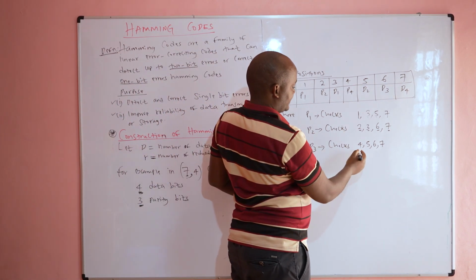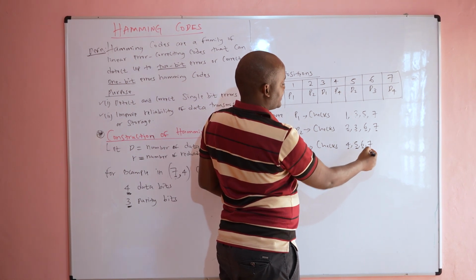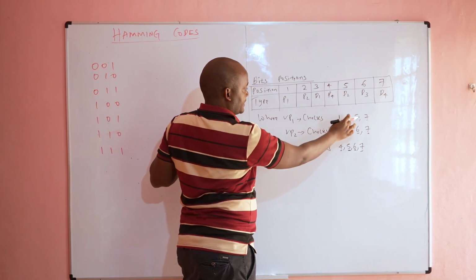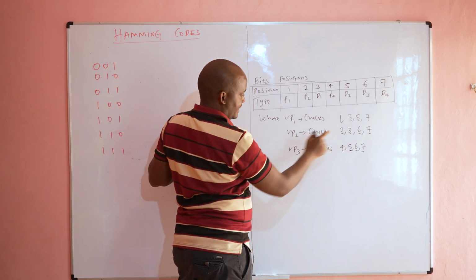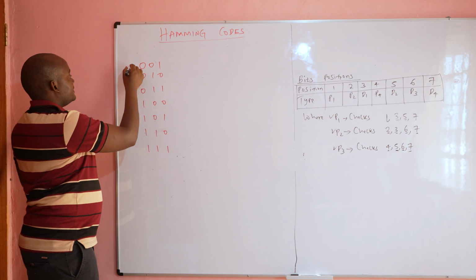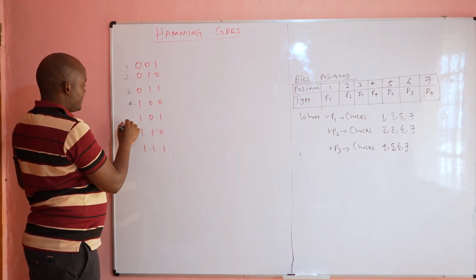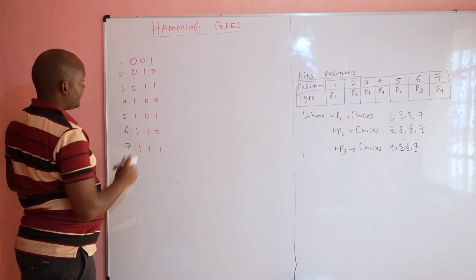P4 will check position number 4, position number 5, position number 6 and position number 7. So why does P1 check these particular positions and not another position, and P2 as well, and P4? I want you to consider this, where this is position number 1, position number 2, position number 3, position number 4, position number 5, number 6, and number 7.